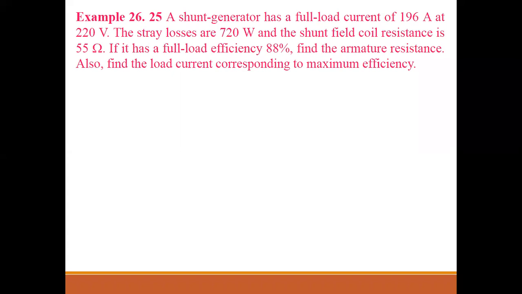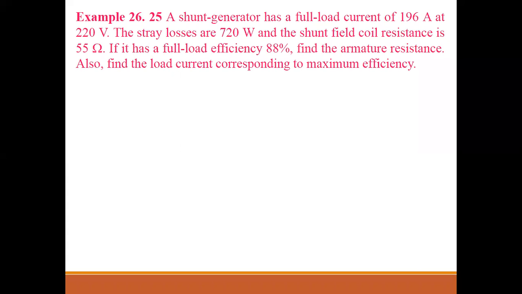Yesterday again we saw the losses of the DC generator, in which copper losses, then core losses, that is constant, and copper means variable losses, as well as stray losses, that is mechanical losses or friction losses. Again we saw the efficiency formula as well as the condition for maximum efficiency.